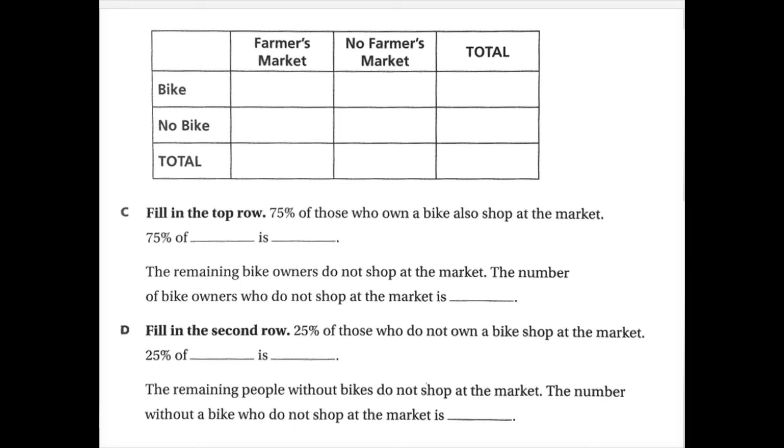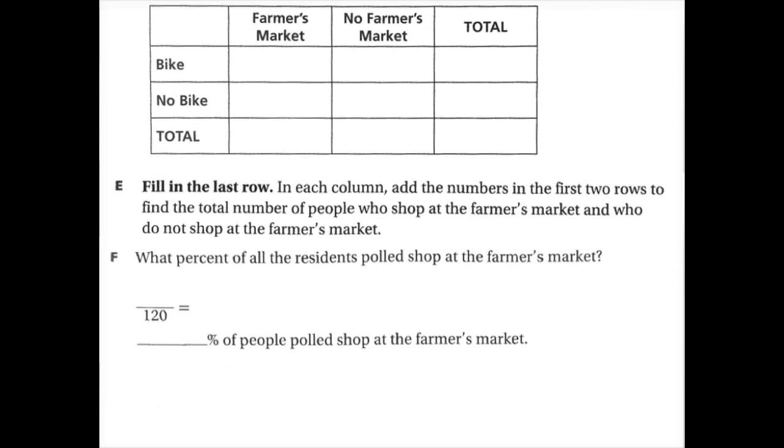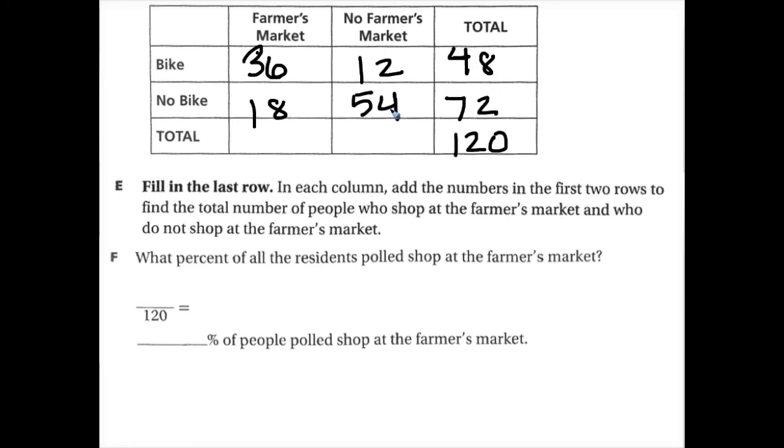Next page. Okay, now we're down to E and F. Let me fill my table back in. Okay, so E, fill in the last row. In each column, add the numbers of the first two rows to find the total number.